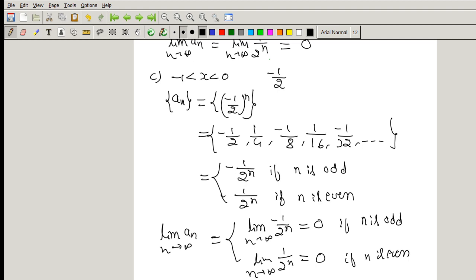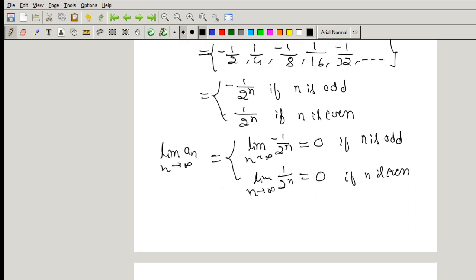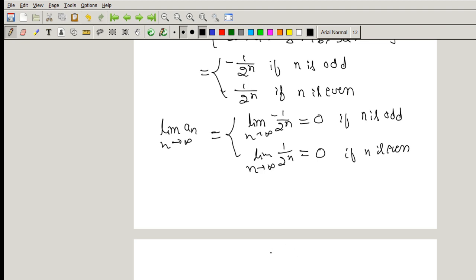Both the subsequences converge to the same value. Therefore, the given sequence x power n is convergent.